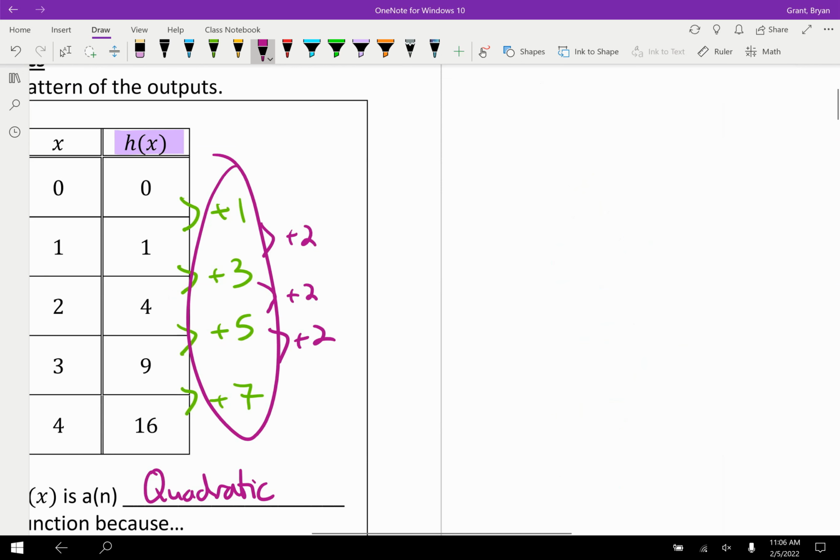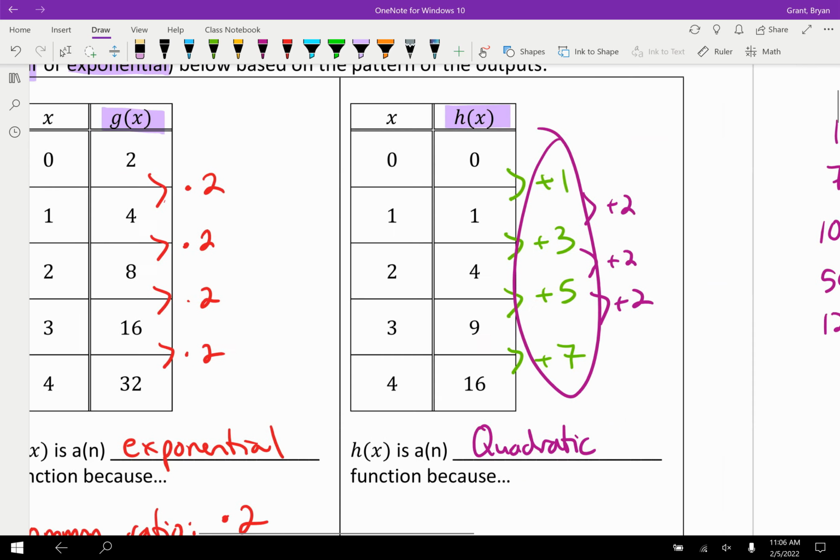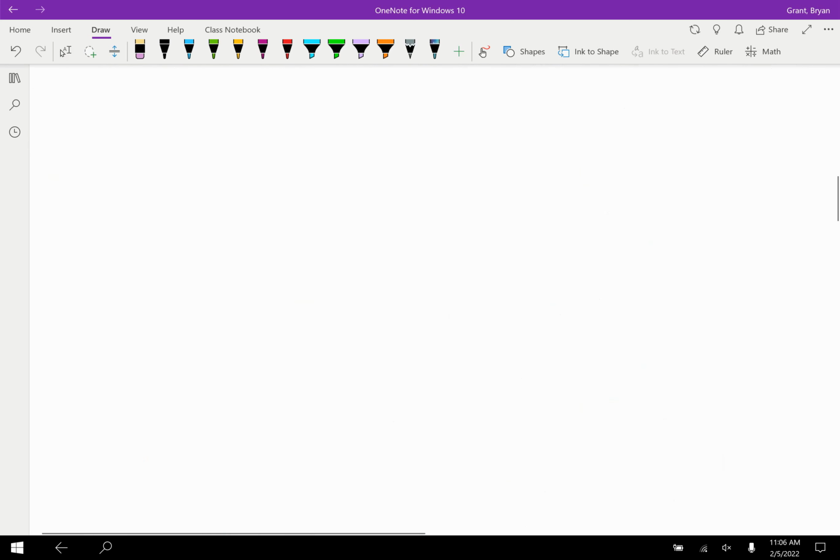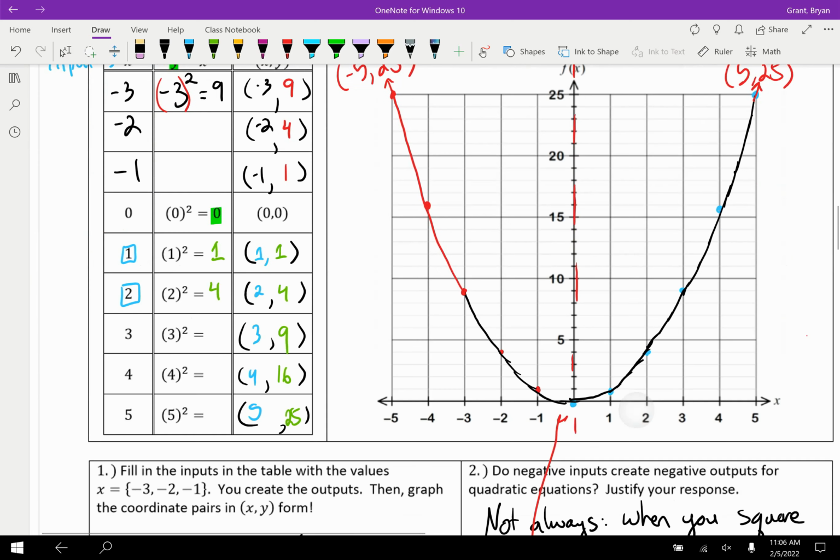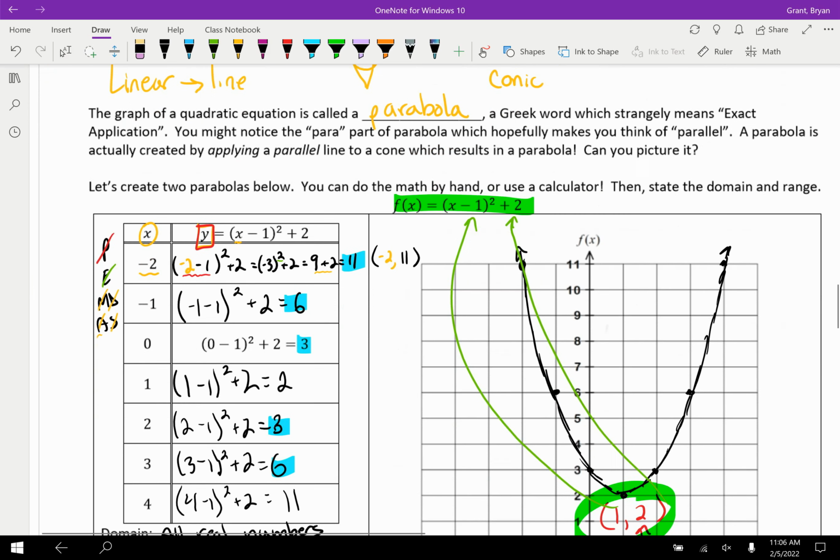For example, if I had a pattern that went up by 1, and then by 7, and then by 100, and then by 50, and then by 12, that's not quadratic. The numbers are all different, just like these, but quadratic has to have a common second difference. The graph of a quadratic equation is a U, and we call that U-shaped graph a parabola.